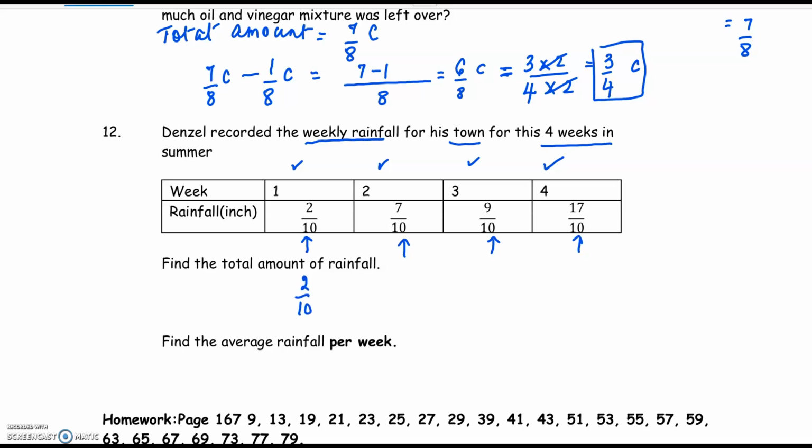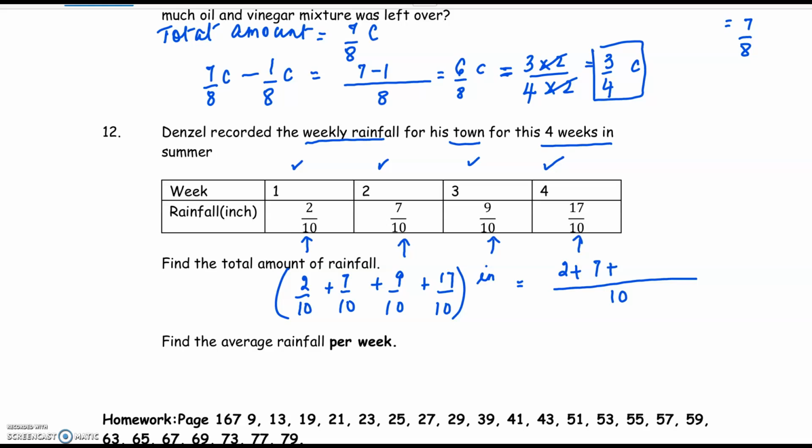It's 2/10 plus 7/10 plus 9/10 plus 17/10. And the unit of measurement is inches. Since we are adding, the final answer will be in inches. So basically we are adding like fractions. So we have a common denominator that is 10. And then we go 2 plus 7 plus 9 plus 17.